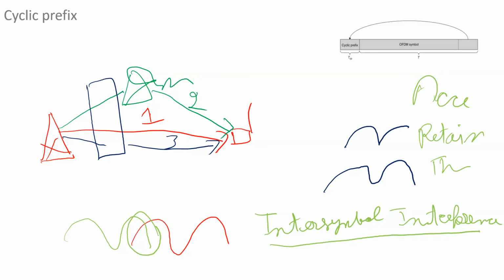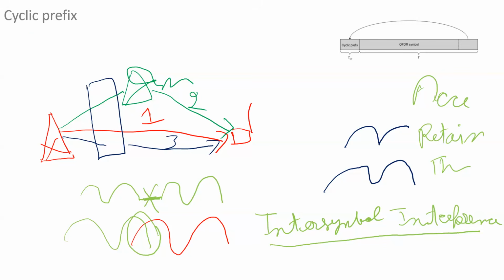But what will happen if there is a wait time of a few seconds or a few milliseconds between these two symbols? If there is a wait time between these two symbols, then they will not interfere with each other, and we can overcome what is called multipath inter-symbol interference.